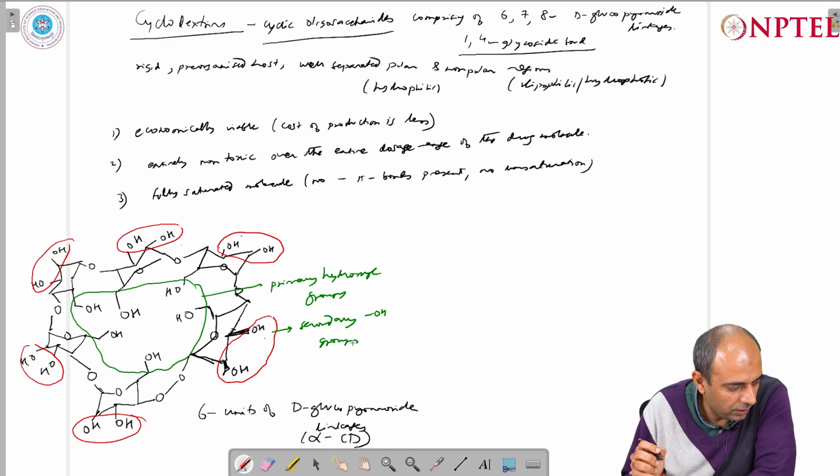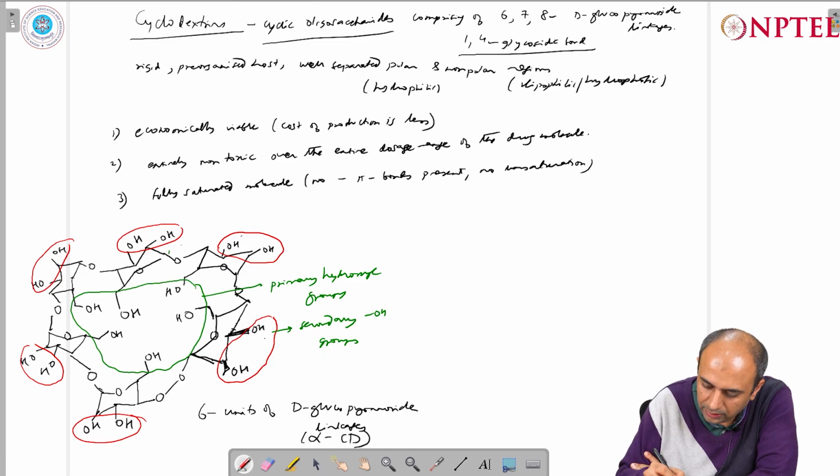And you can also see that they are connected via the glycosidic linkage, that is 1, 2, 3, 4. Okay, so this is the connection. This is the 1 position, 2, 3, and 4 position, and again this is 1, 2, 3, 4.